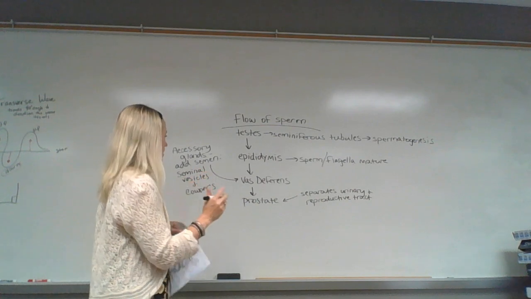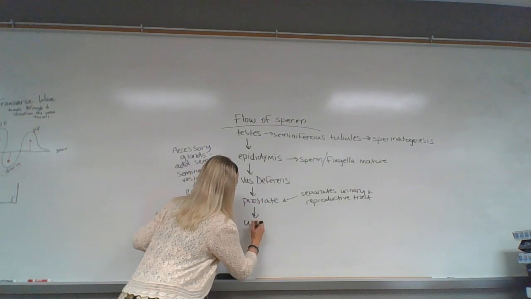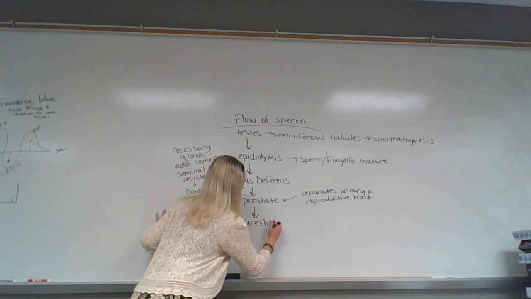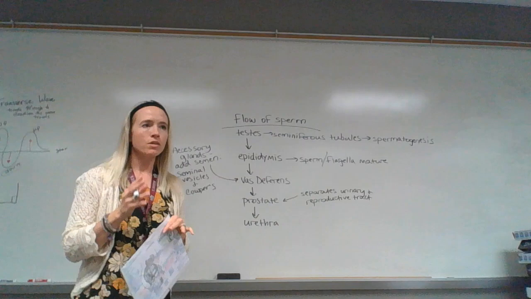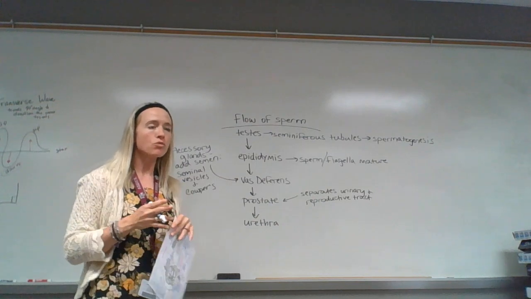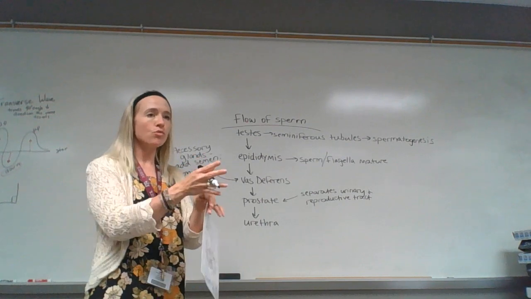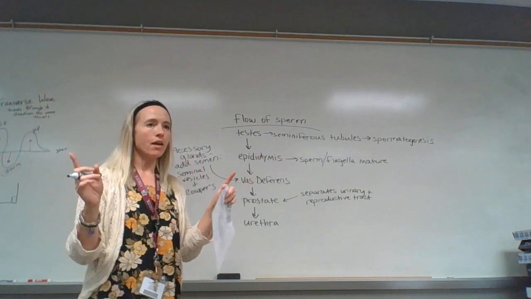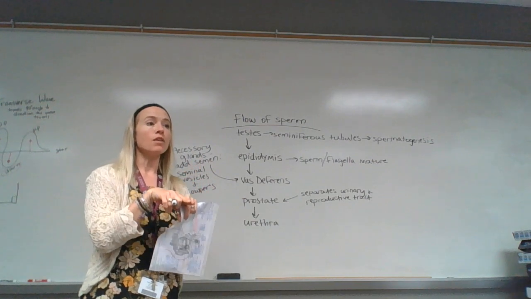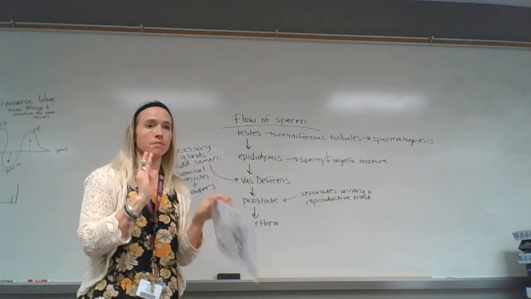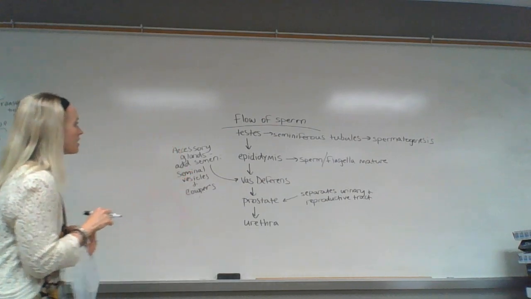From the prostate, it's then going to enter the urethra. So both semen and urine pass through the urethra, not at the same time, but they both use the urethra because in the male, the urinary and reproductive tract meet. In females, they're kept separate. It's a very important distinguishing thing.